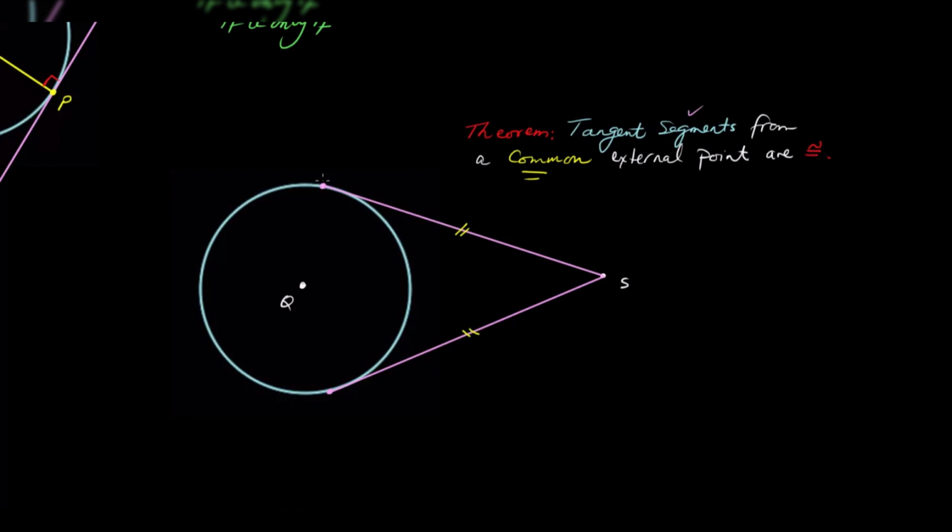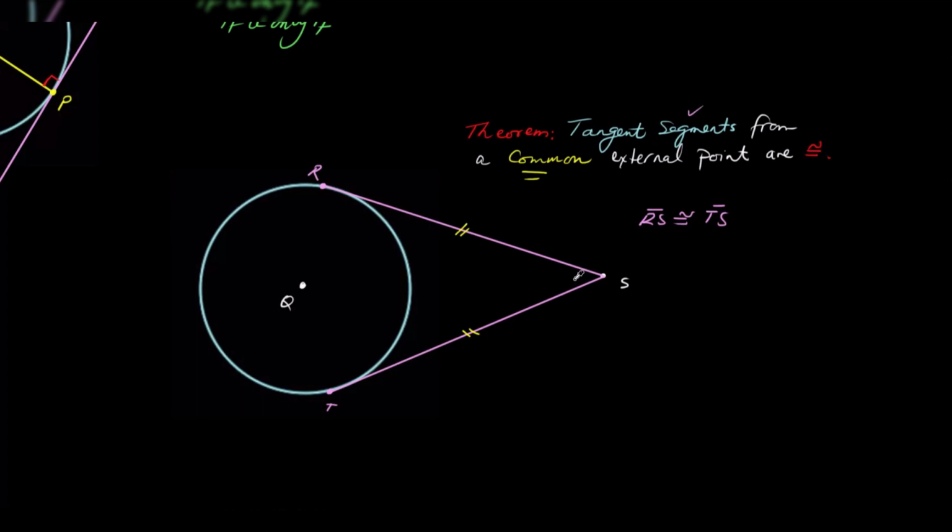Let's label some of these points. We can call this point R, and this point T. If these two are tangent segments, then segment RS will be congruent to segment TS. Or SR will be congruent to ST.